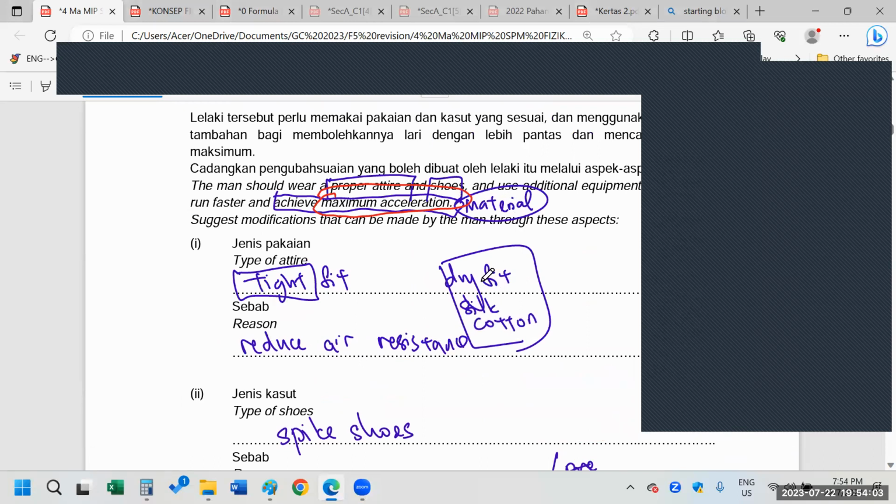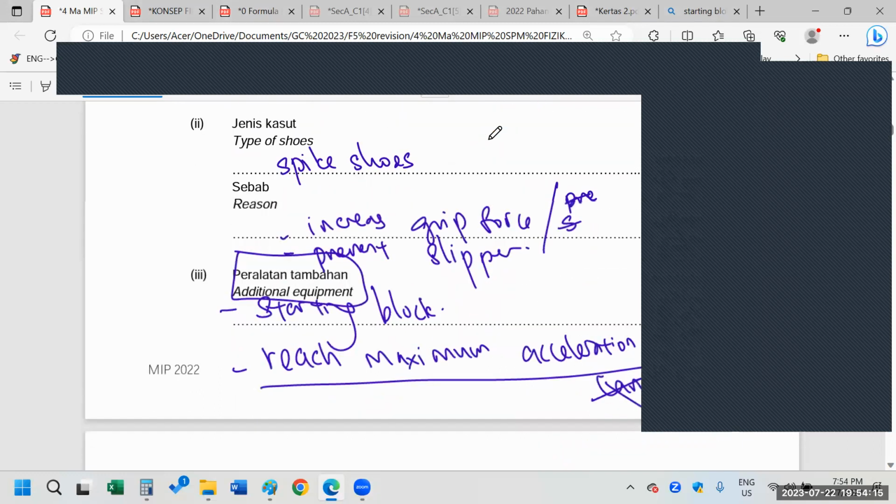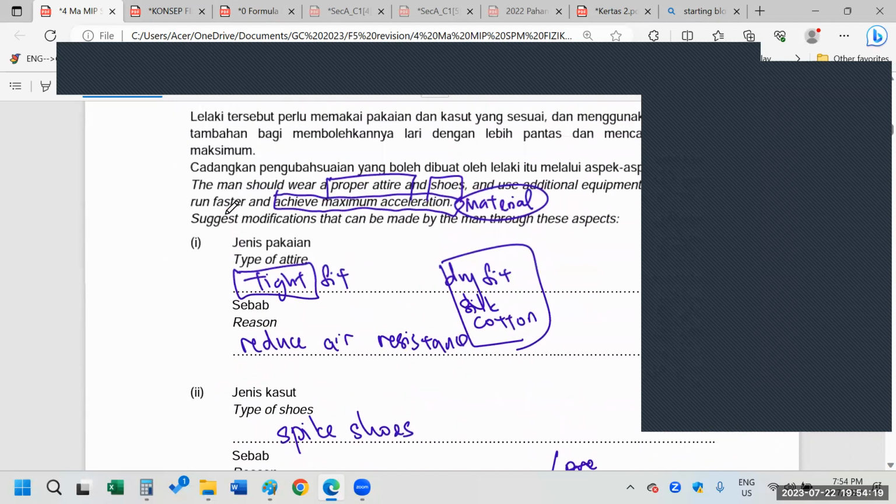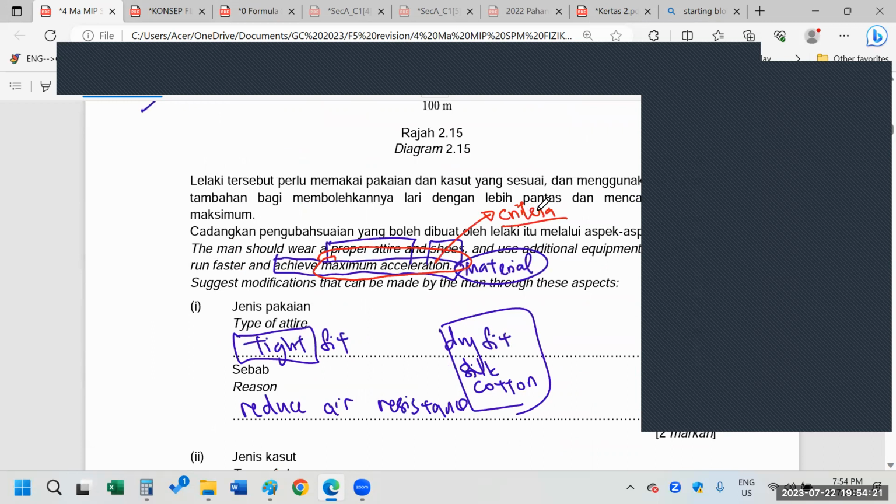It explained clearly. This is a criteria, so it cannot be your reason. It's mentioned already, so this is the criteria, so we cannot make it as a reason. Actually, correct, maximum acceleration can say.